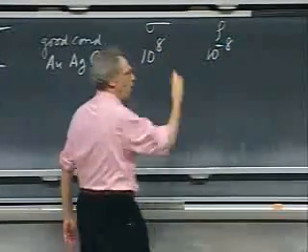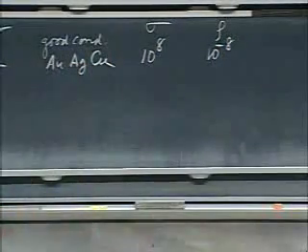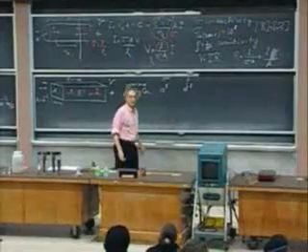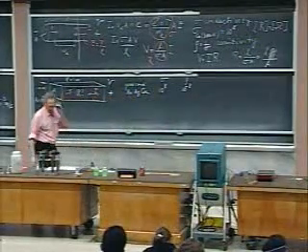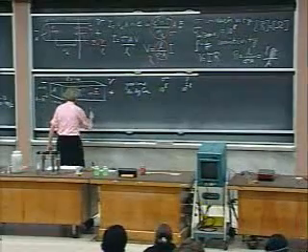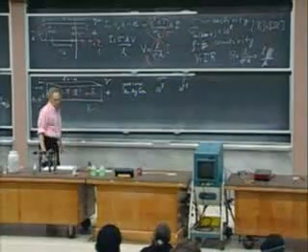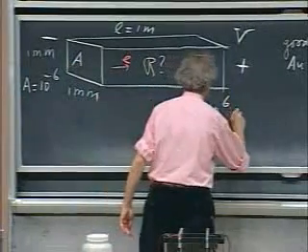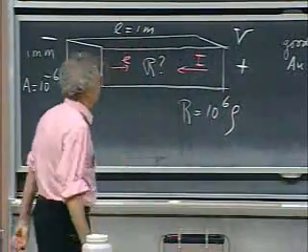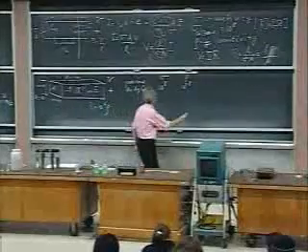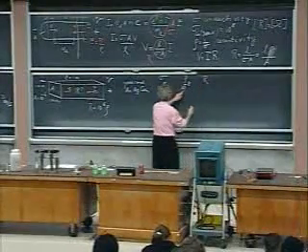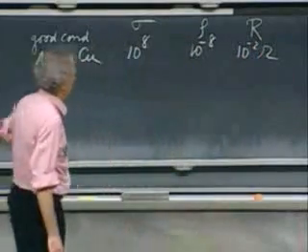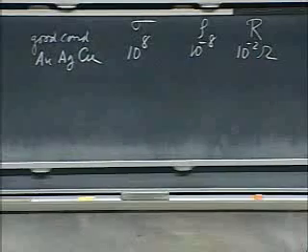It's 1 over sigma. And so in this particular case, since A is 10 to the minus 6, the resistance R is simply 10 to the 6 times rho, because L is 1 meter. So it's very easy. The resistance here, R, is 10 to the minus 2 ohms, 1/100th of an ohm, for this material if it were copper.